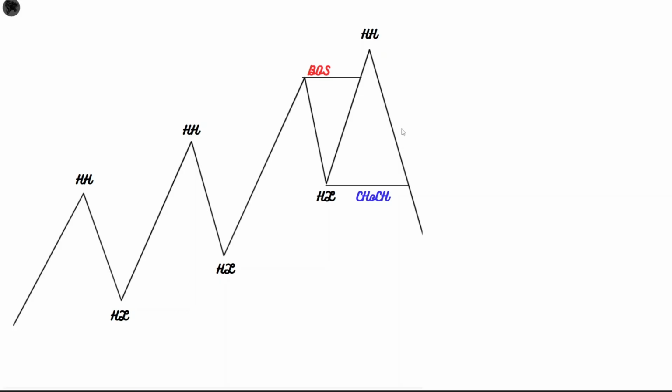Something you guys might ask is, what is the difference between this whole leg of price? How will you know that price doesn't want to do the same thing it just did here at this point? Don't worry, I'm going to explain it when I talk about the essential criteria to spot quality change of character.